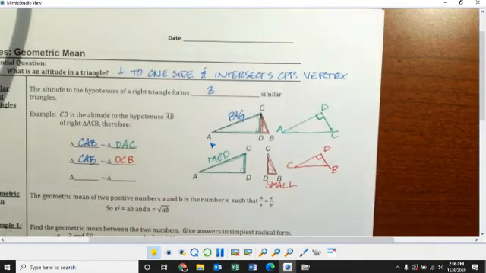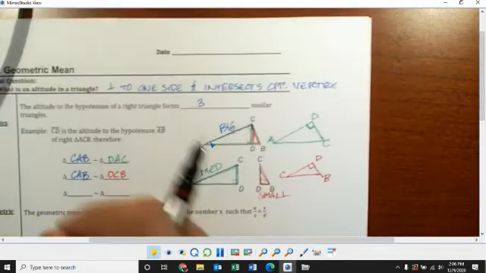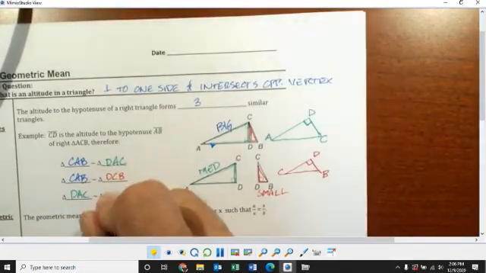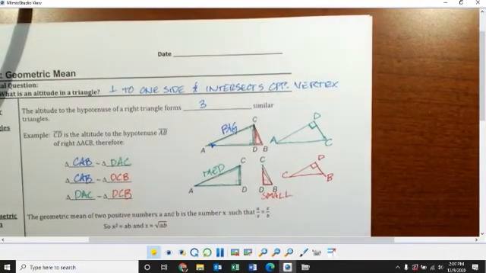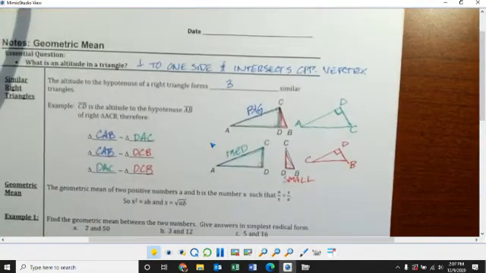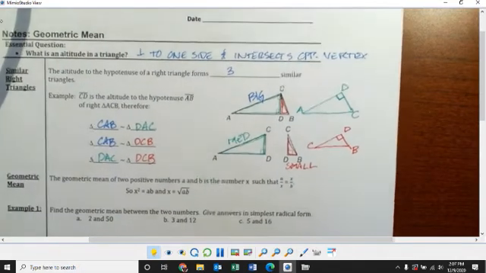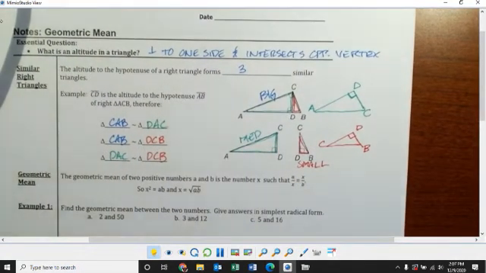And then finally, the medium triangle DAC is similar to DCB. Now, it's important that we draw it the same way because now they're similar triangles, and if we need to determine the lengths of some of them, then it's more apparent. So it's really handy to have 3 different color pencils or 3 different color pens when you're doing these notes and these exercises. All right.